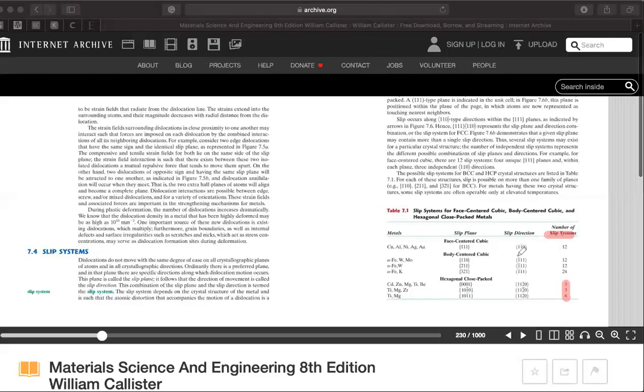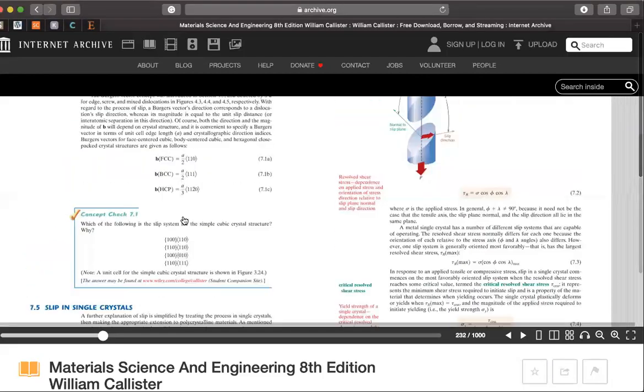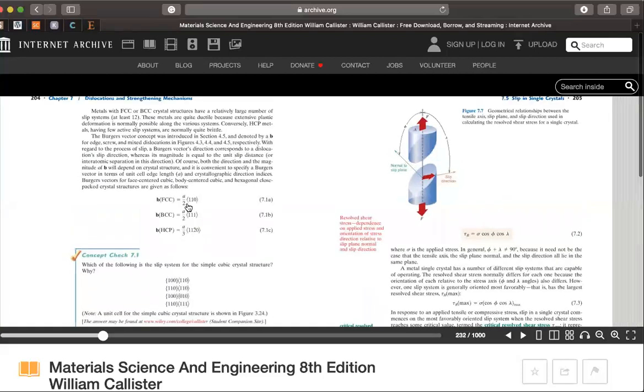or before that, let me just delete this. The amount of the slip unit that we talked about last time is equal to the Burgers vector. The Burgers vector, we talked about it in the previous chapters, and we can correlate it.